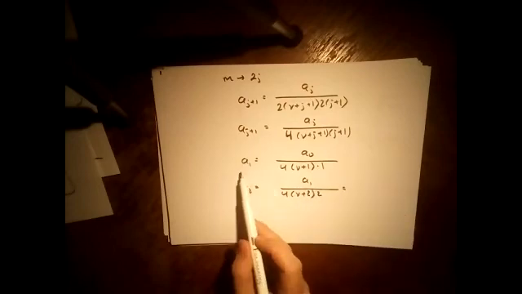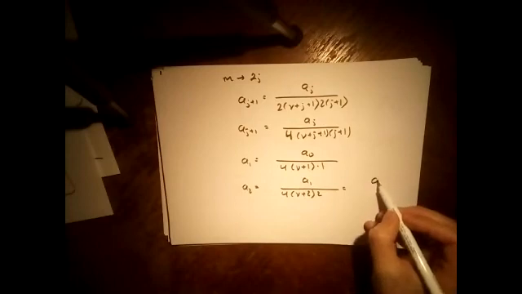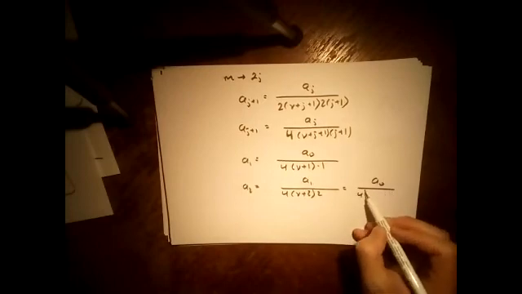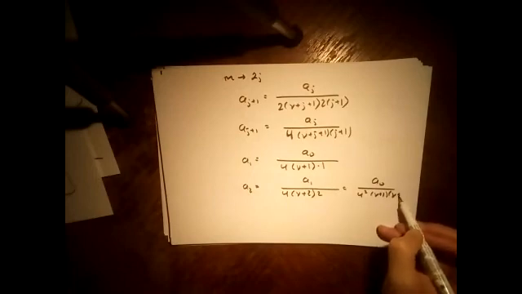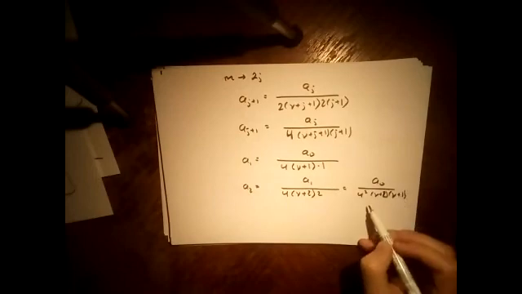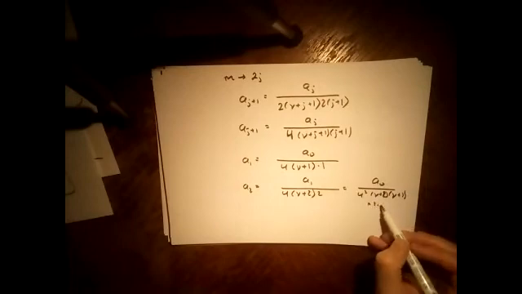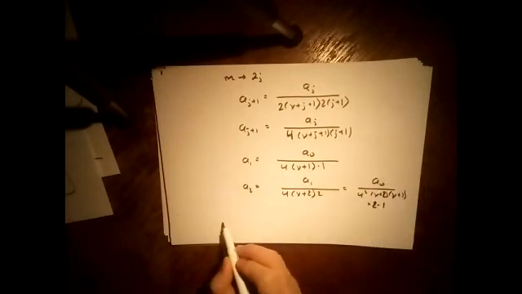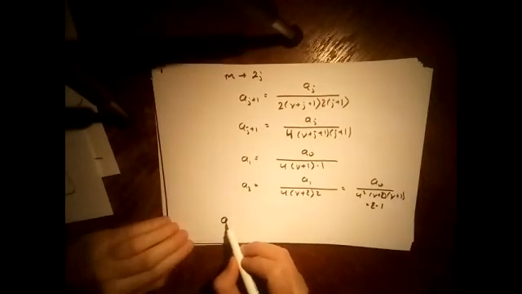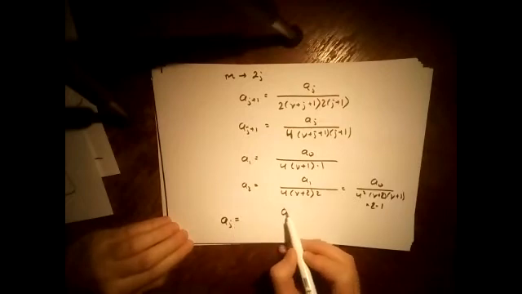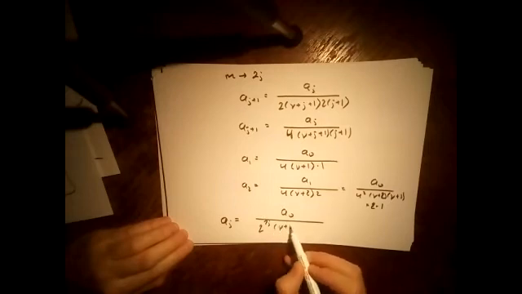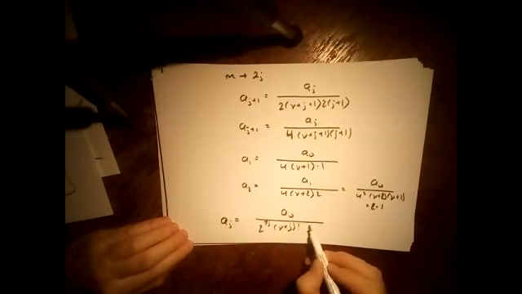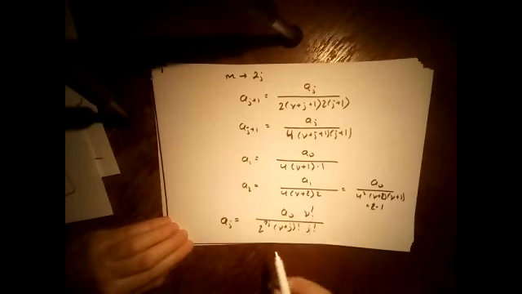Okay, but then I can immediately substitute this. I have a0 divided by 4 squared, and here I'm going to have (nu plus 2)(nu plus 1) times 2 times 1. So I can say in general that aj is equal to a0 divided by 2 to the 2j, (nu plus j) factorial over nu factorial, times j factorial.